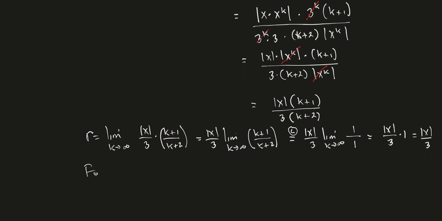So for convergence, in fact, let me say absolute convergence, the ratio test requires that whatever we get for R, it has to be less than 1. And what happens here now is because our series now involves a variable, it is going to allow us to solve for that variable. So this R must be strictly less than 1.